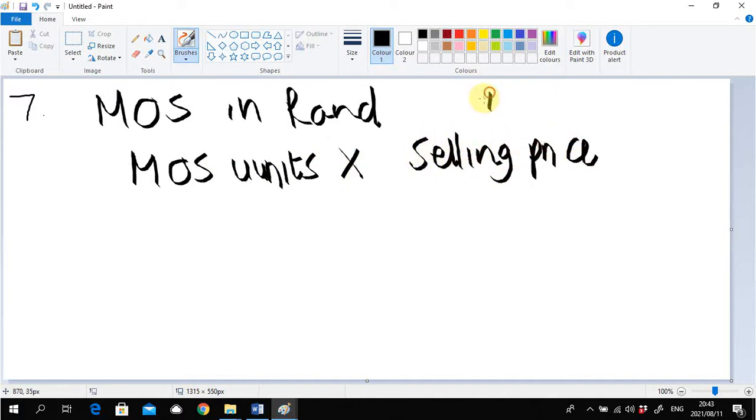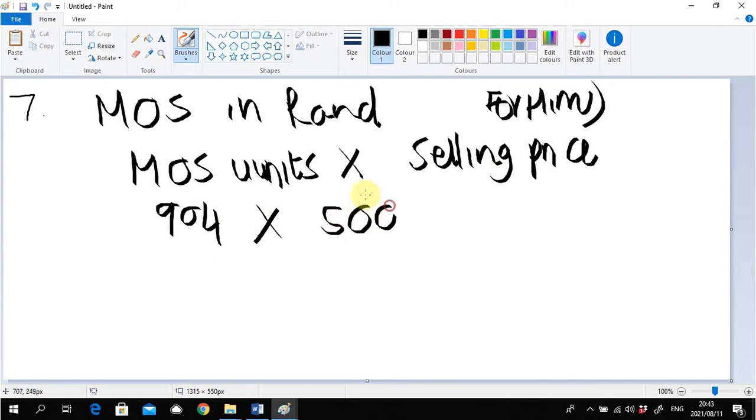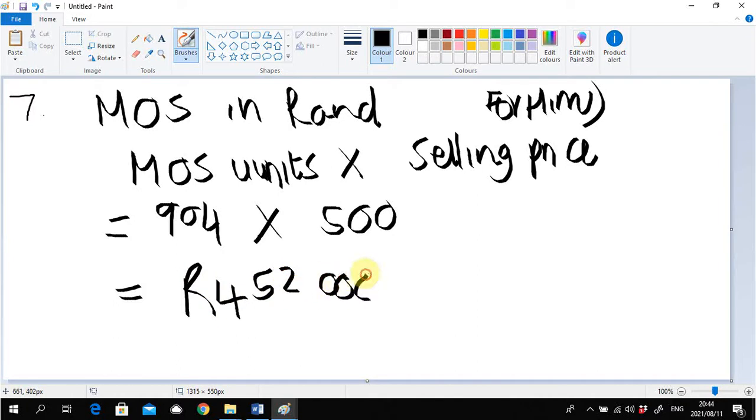And we are busy with calculations for him, just by the way. So the margin of safety units, we just calculated 904. What was the original selling price for him? It was 500. So the margin of safety in Rand is 452,000.